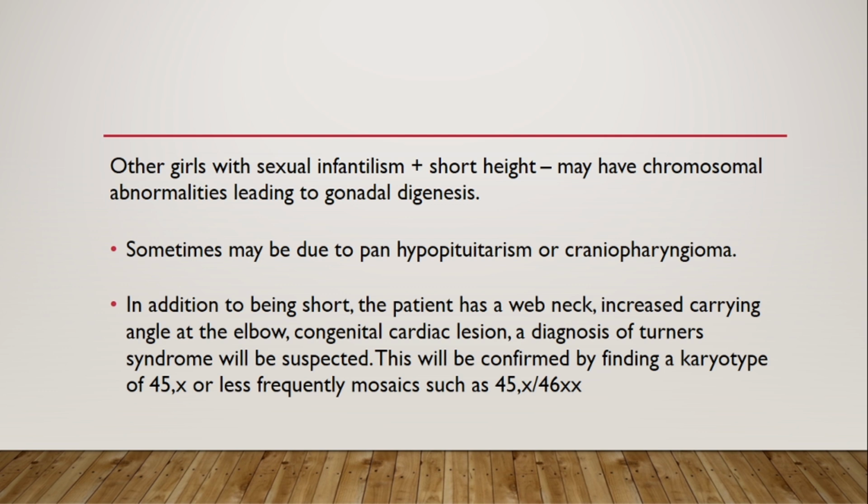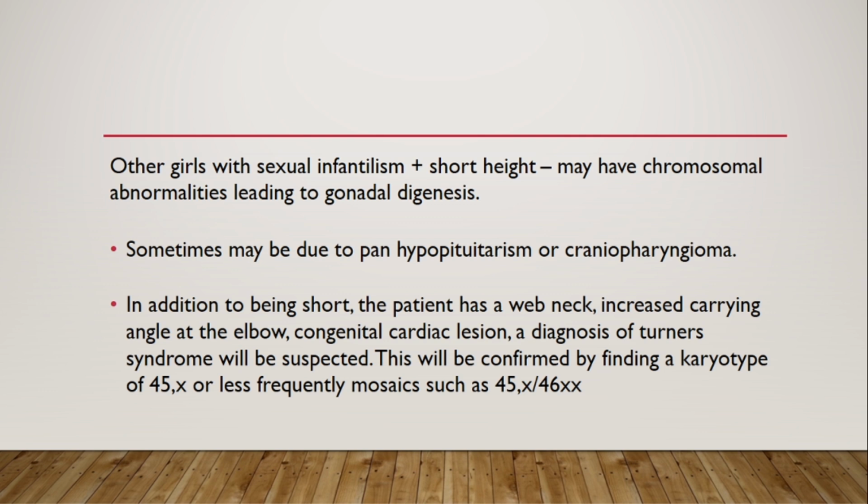Sometimes the ears may be lower set than normal, and they may have some abnormalities of the eyes as well. When you see all these typical features, short-statured woman, webbing of the neck, increased carrying angle, low-set ears, and congenital cardiac lesion, then the diagnosis is clear. Turner syndrome will be suspected.